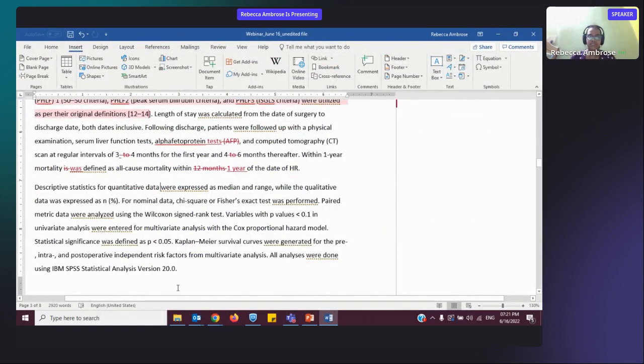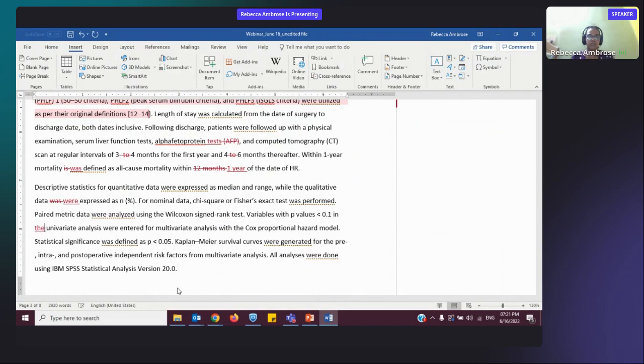The statistics: quantitative data were expressed as median and range, while the qualitative data were expressed as frequencies. Chi-square, Fisher's exact test was performed. Parametric data were analyzed using this test. Variables with p-values of less than 0.05 in the univariate analysis were entered for multivariate analysis with this model.